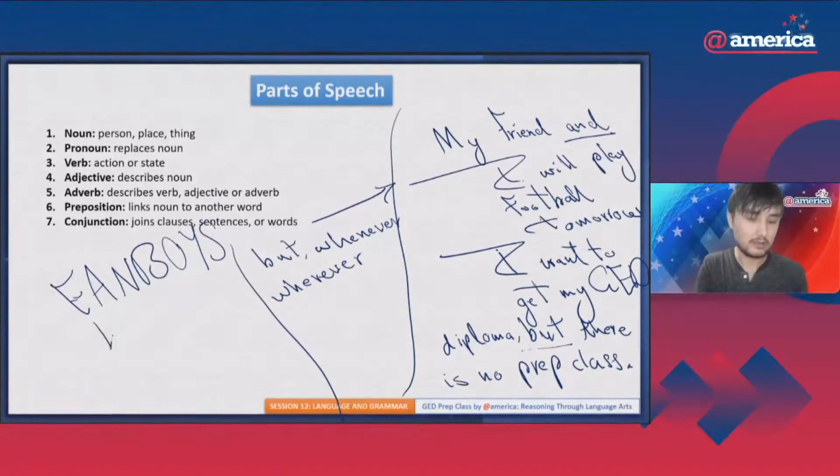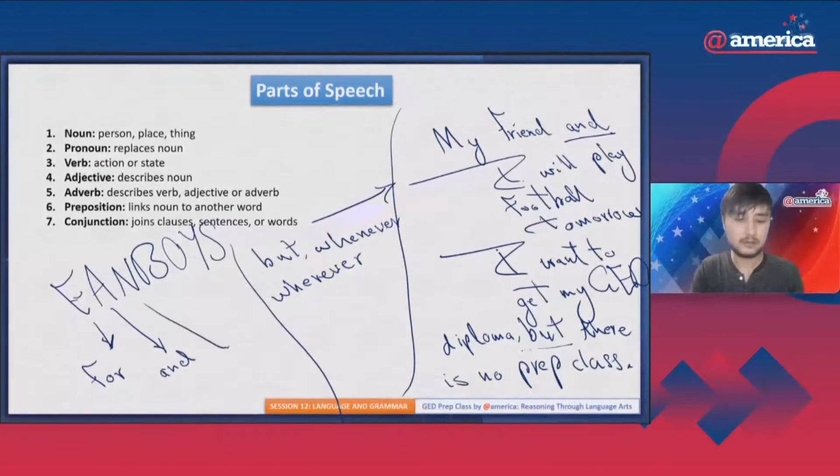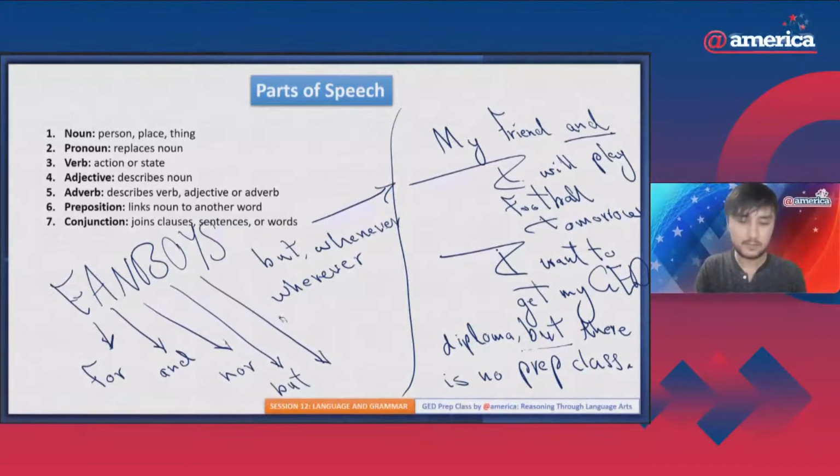FANBOYS in this one: F stands for for, A stands for and, N stands for nor, B stands for but, O stands for or, Y stands for yet, and S stands for so.